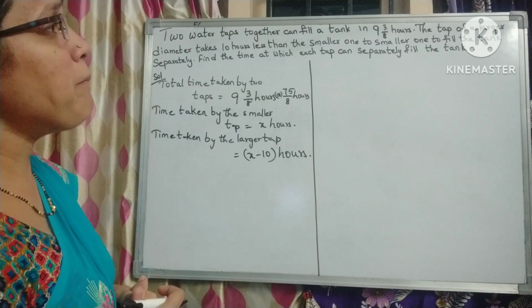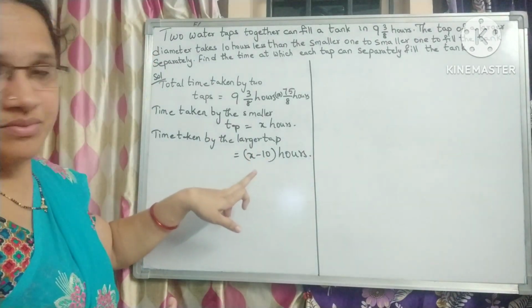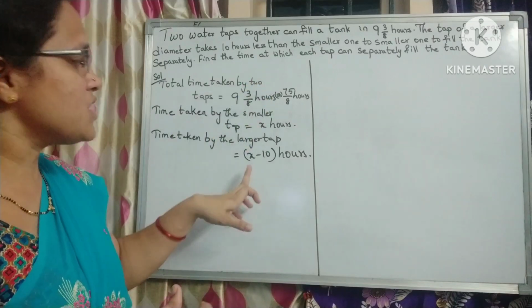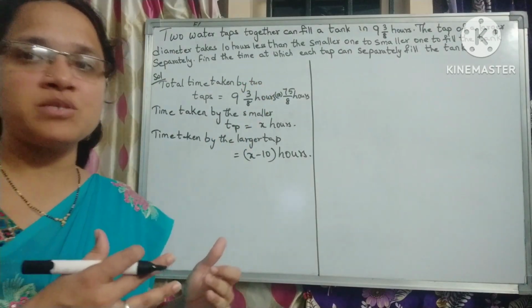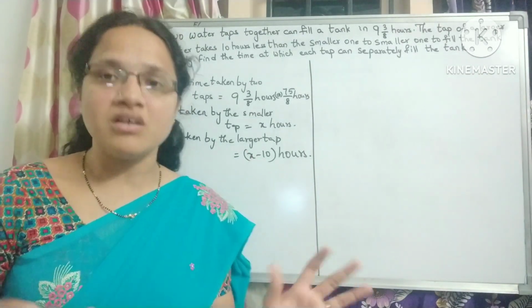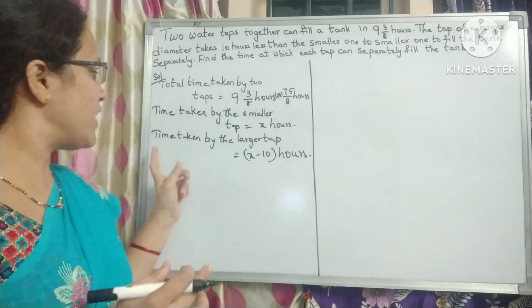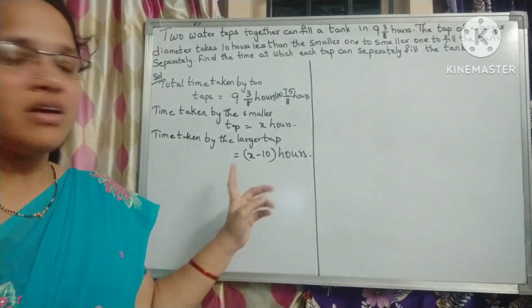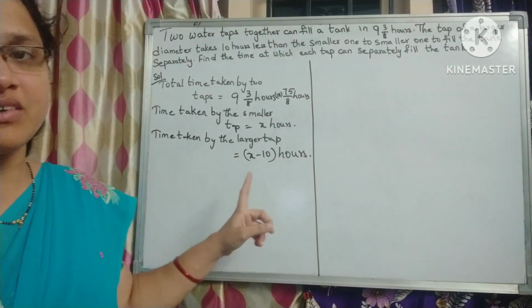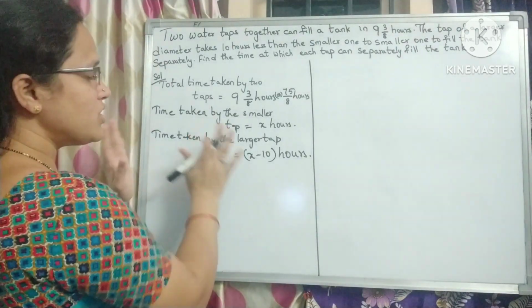The tap of the larger diameter takes 10 hours less than the smaller one. Suppose the smaller tap is filling the tank in 20 hours, the bigger one is filling in 10 hours only. That is the reason we have written the time taken by the larger tap as x minus 10 hours. So this is what is given.